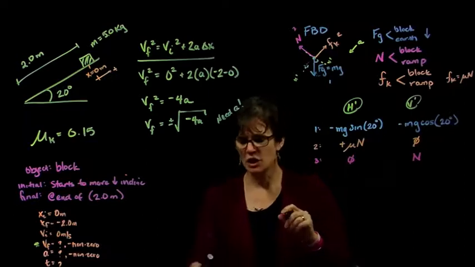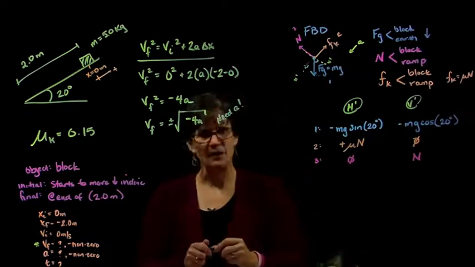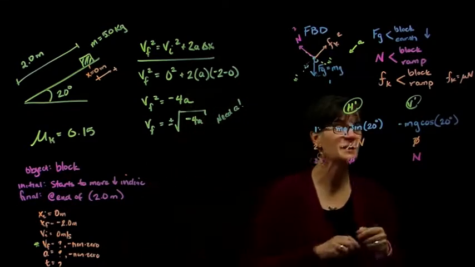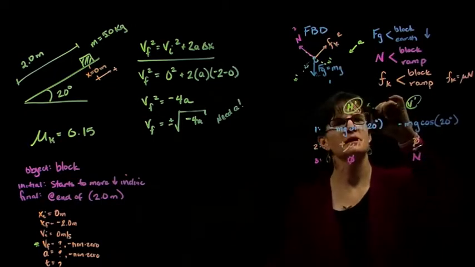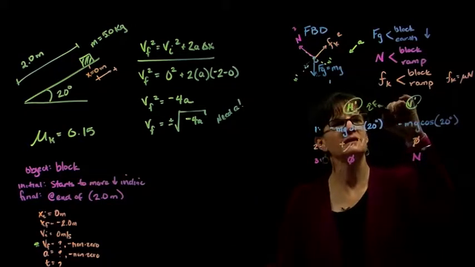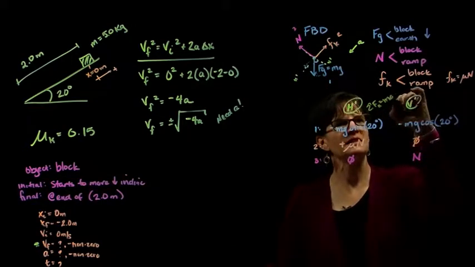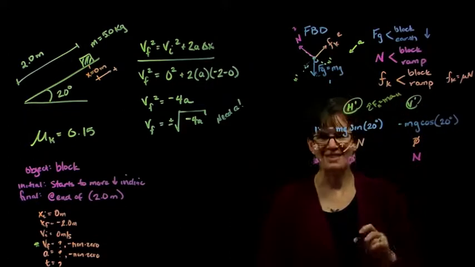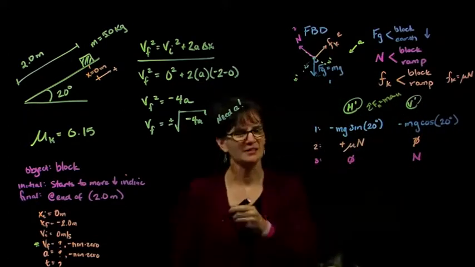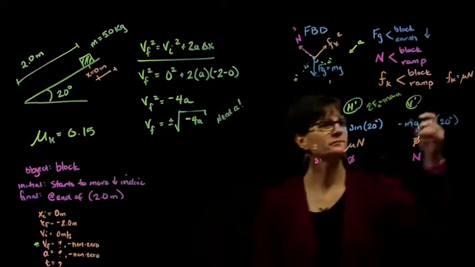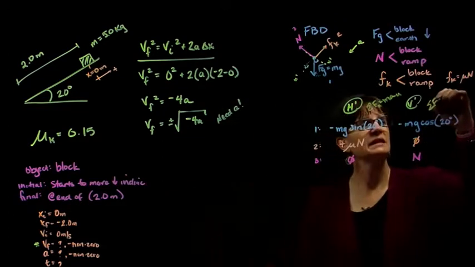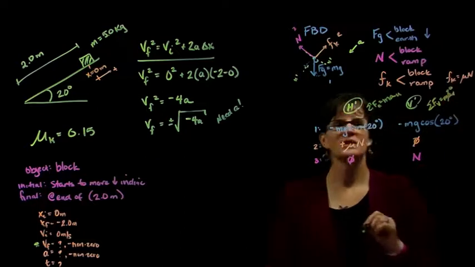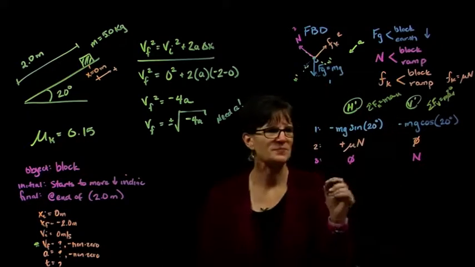All right, so now we want to identify what the sum of the forces equals in each of these directions. Horizontally, we know the object is accelerating in our new horizontal, down the ramp direction. Vertically, we have no acceleration, so the sum of the forces equals 0.